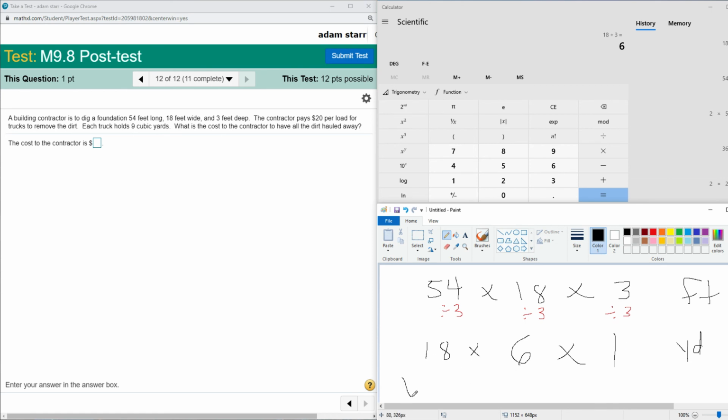Okay, so my volume in cubic yards now will be 18 times 6 times 1, which is 108. So my volume of my foundation is 108 cubic yards.